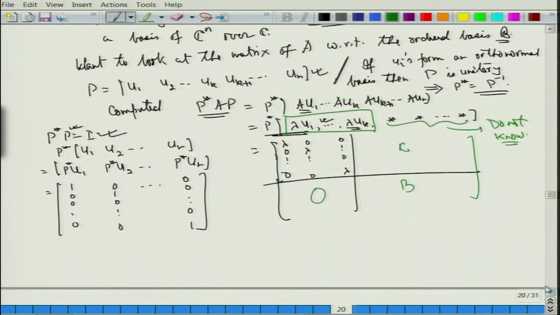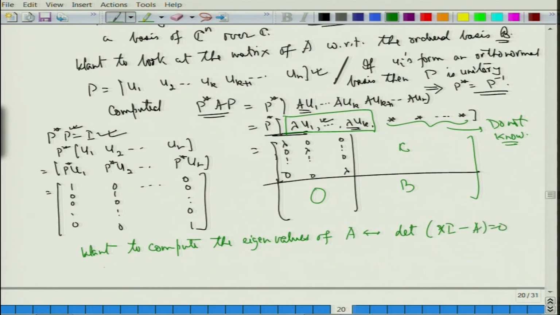And therefore when I want to compute the eigenvalues of A, we need to look at the determinant of xi minus A equal to 0, which was the same thing as saying that the determinant of xi minus P star AP equal to 0.